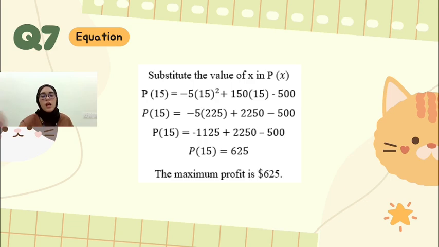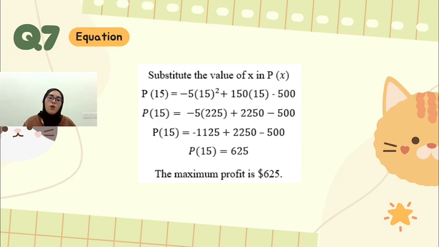Simplified, P(15) equals negative 1125 plus 2250 minus 500, and the final answer you will get is 625. So the maximum profit is $625. Make sure you refer to the currency in the question.